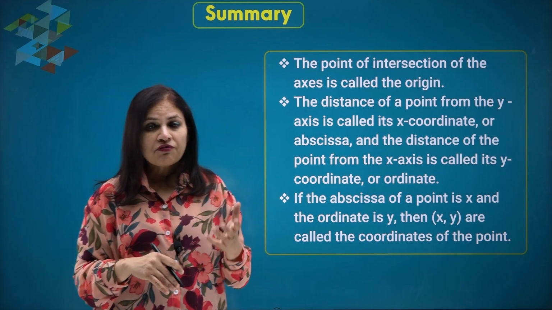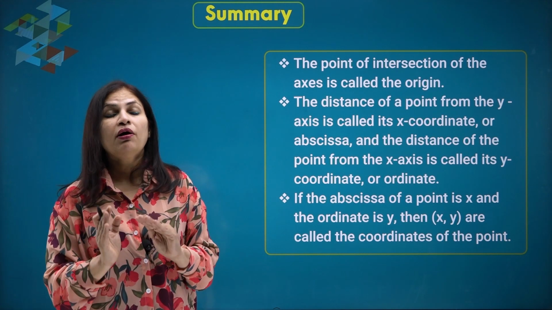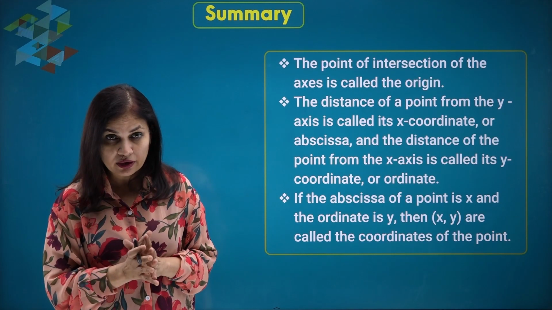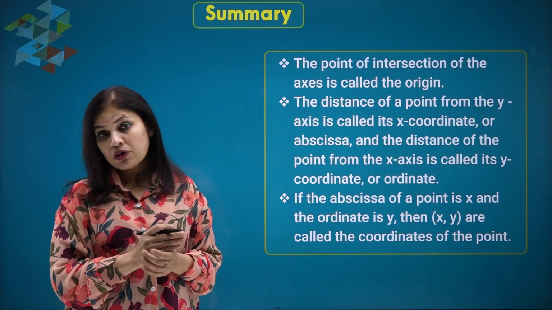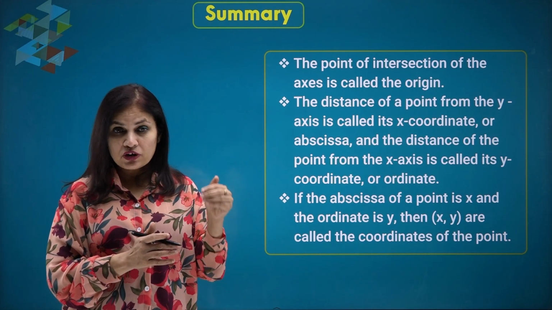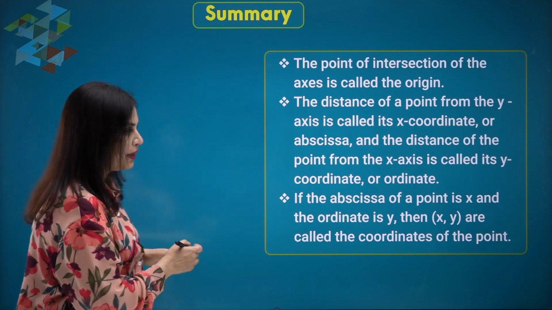If the abscissa of a point is x and the ordinate is y, then x comma y is known as a coordinate or ordered pair. Why ordered pair? Because conventionally we write x first, the value of abscissa first, and the value of ordinate later in the pair.